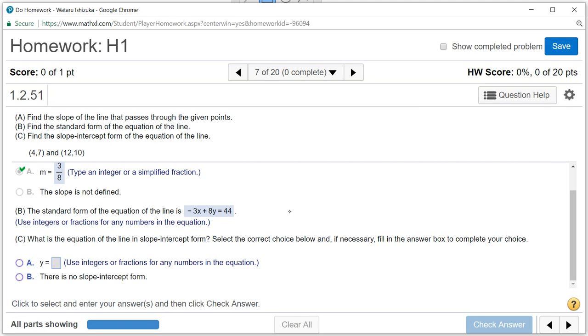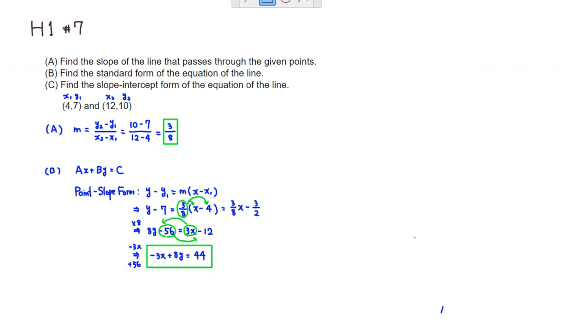Then part C: what is the equation of the line in slope-intercept form? We just have to rewrite it in a different form. Remember that the slope-intercept form is y equals mx plus b.